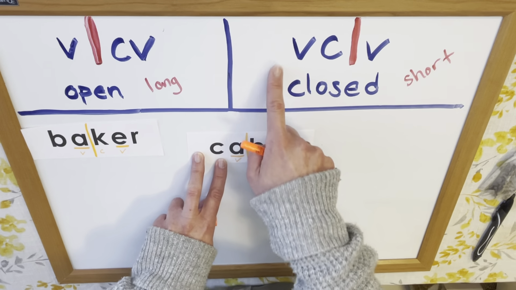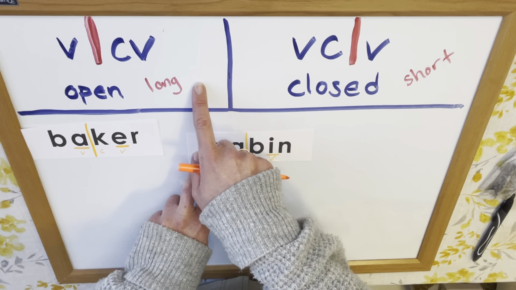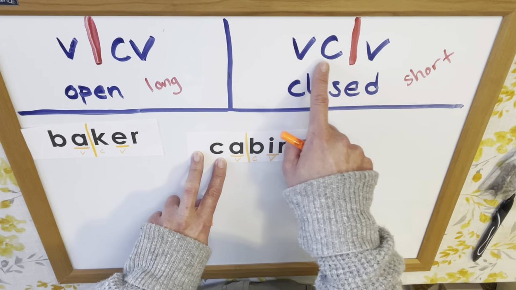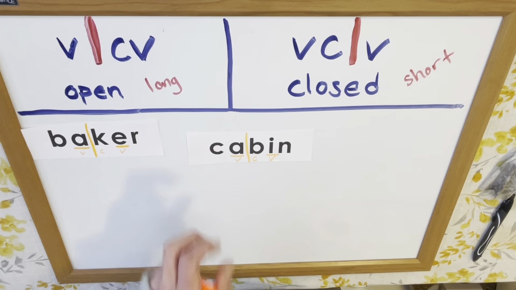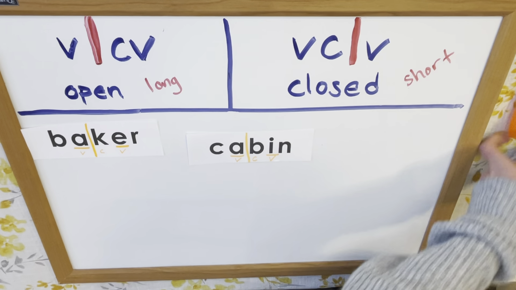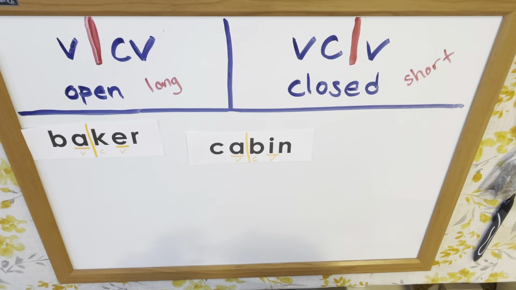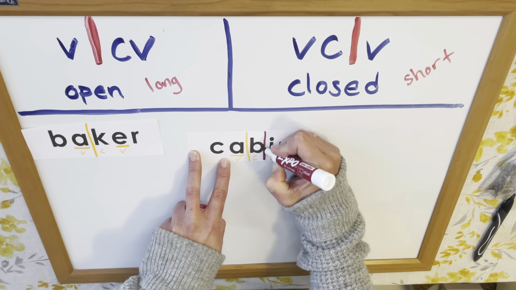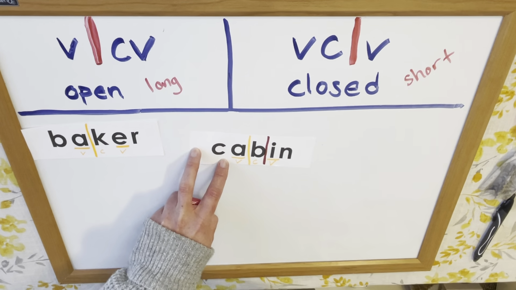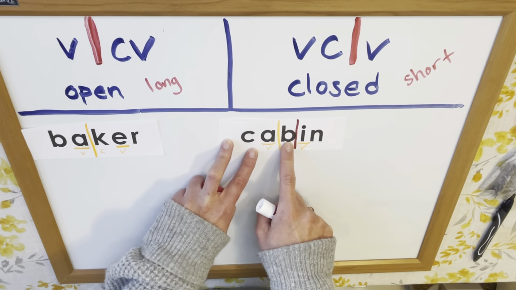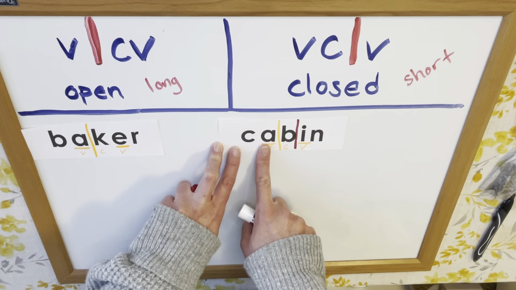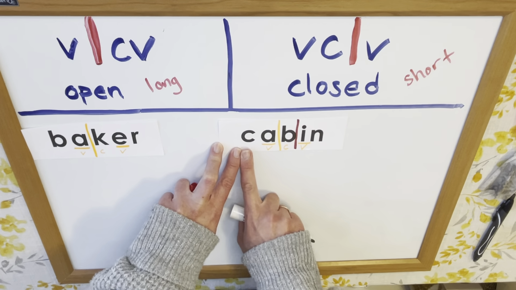Let's try this way. If this way doesn't work, you've got to go on to this way, which is VCV. Let's try that way and see if that helps us read this big word. If we split it here, now this B closes in this vowel and it makes it say its short sound.